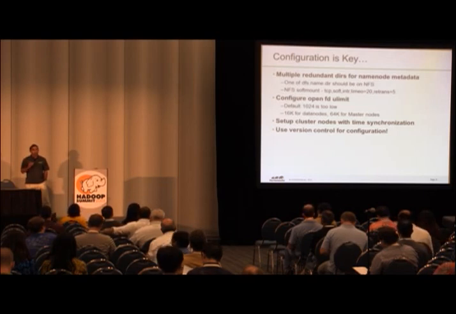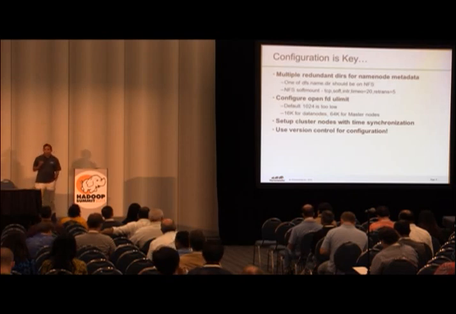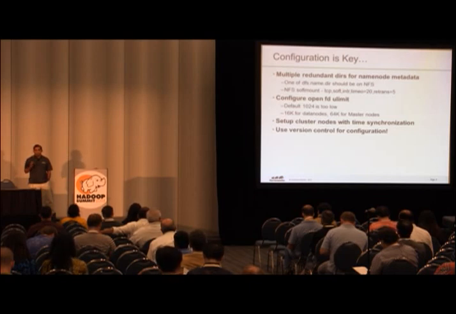I recommend configuring upwards of 16K for data nodes, and for master nodes, 64K as the ulimit. You can go even higher than that. But without this, you would see data nodes not being able to open socket connections or other fail to open file kind of errors that you could avoid by setting this up.